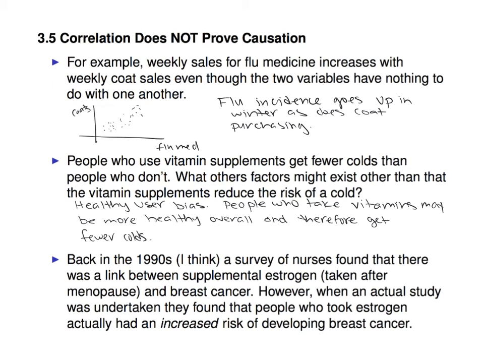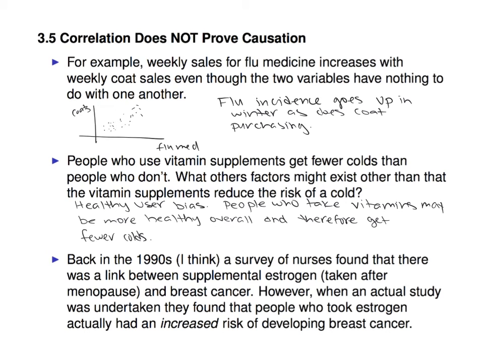So just the way it works. They could also be wealthier and maybe they're able to get more sleep or they work fewer hours. But in general, you can't say that those supplements cause the fewer colds unless you divide people up into two groups, give half the supplements, don't give half the supplements, and see what happens to them.